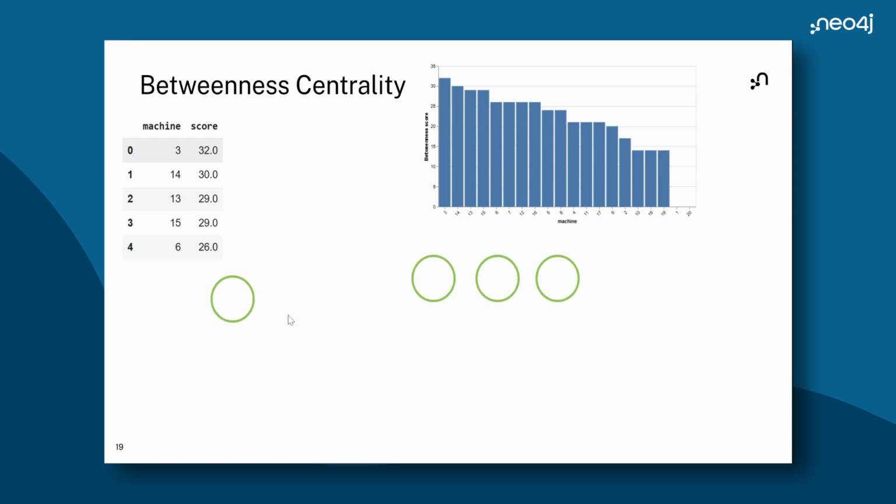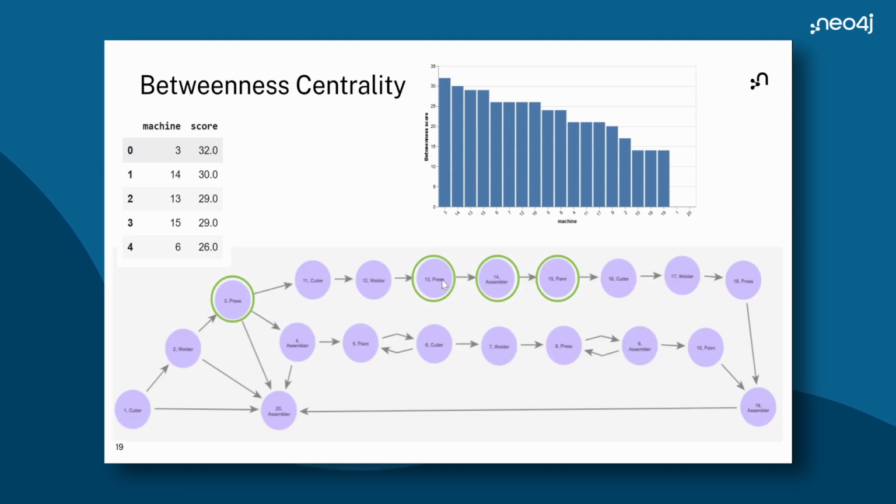Here, instead, we have 13, 14, 15, and 3 as the highest scoring Betweenness. This is because if one of these breaks, it completely disrupts the ones before and after.